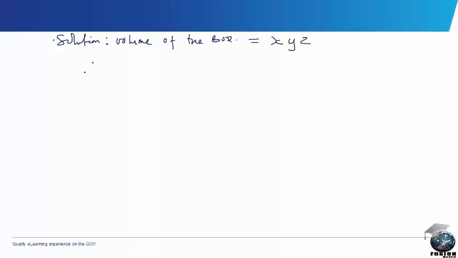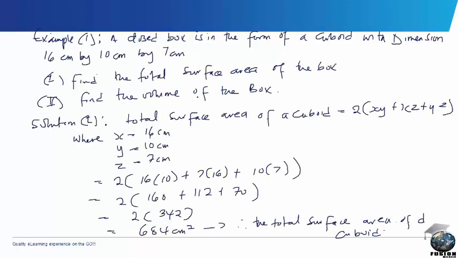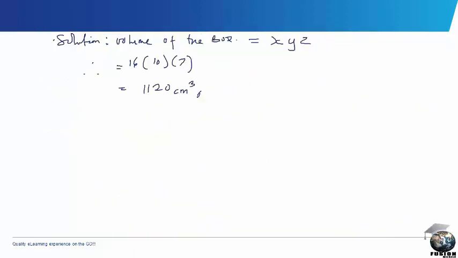Since we know our x to be 16, y to be 10, and z to be 7, just multiply all of them, and so we have the volume of the box to be equal to 1120 centimeters cubed. Observe that areas are always in centimeters squared, and volumes are in centimeters cubed.